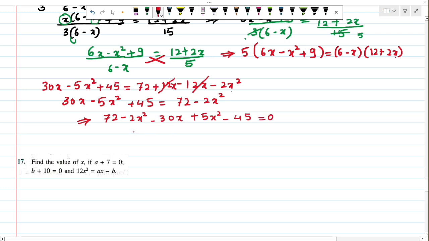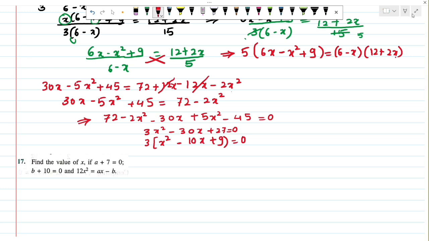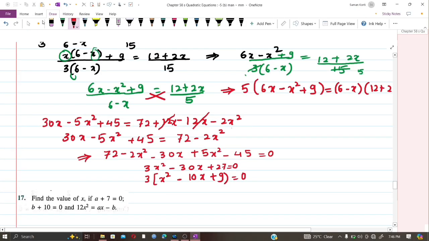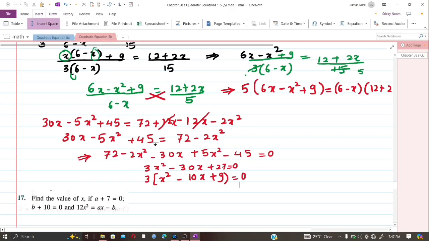So I'll write it as minus 2x squared plus 5x squared is 3x squared, minus 30x plus 27 equals 0. If I take 3 as common, it becomes x squared minus 10x plus 9 equals 0.